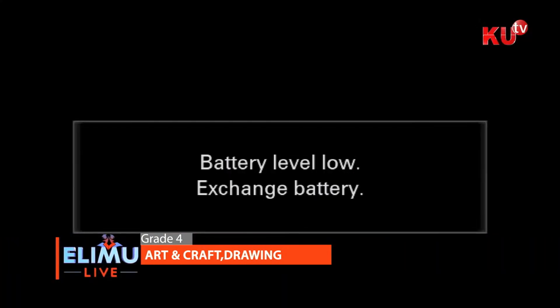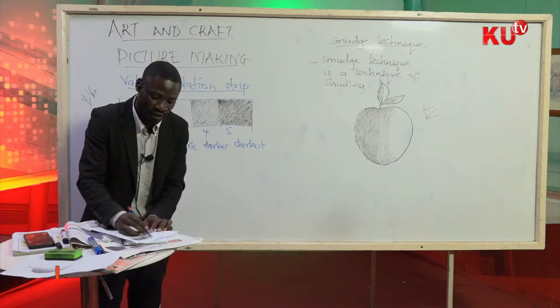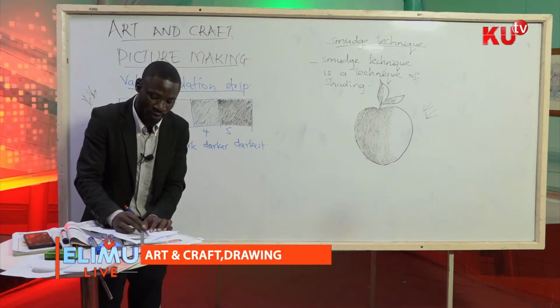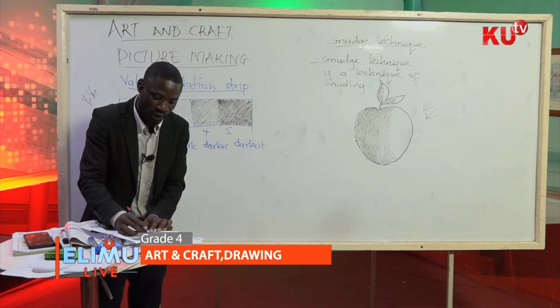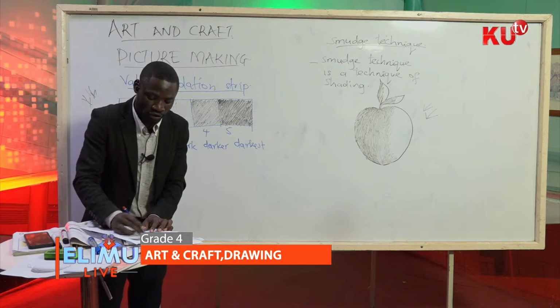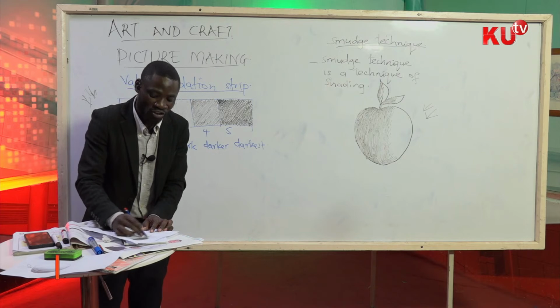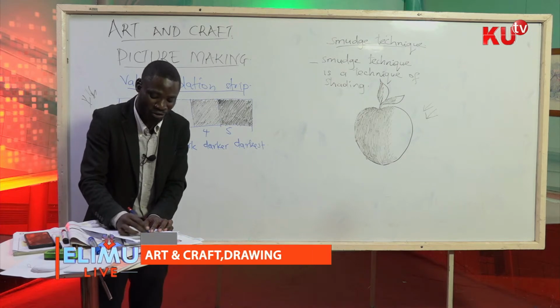Put in mind that you should consider where the light is coming from. And as you shade, remember you should not trespass. You should not go to the next box, because each and every box has its tonal value.